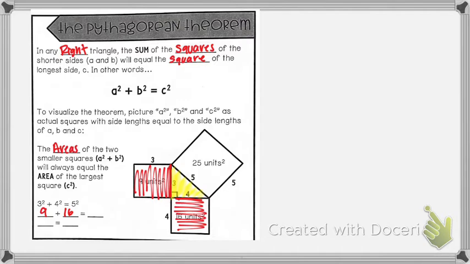And then the hypotenuse would be 5 times 5, which is 25, or 5 squared, right? And if we add the two red squares, the 9 units squared and the 16 units squared, we should get 25. And we should get 25 because the Pythagorean theorem says that it is a right triangle, and it is, and so this proves that it's a right triangle.